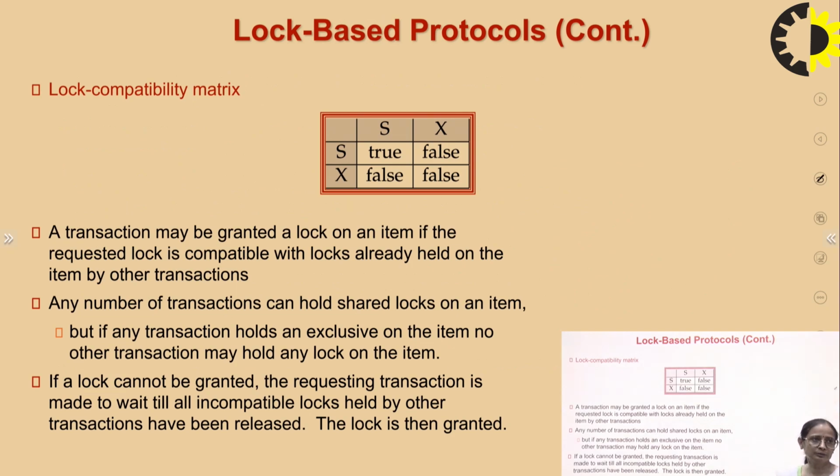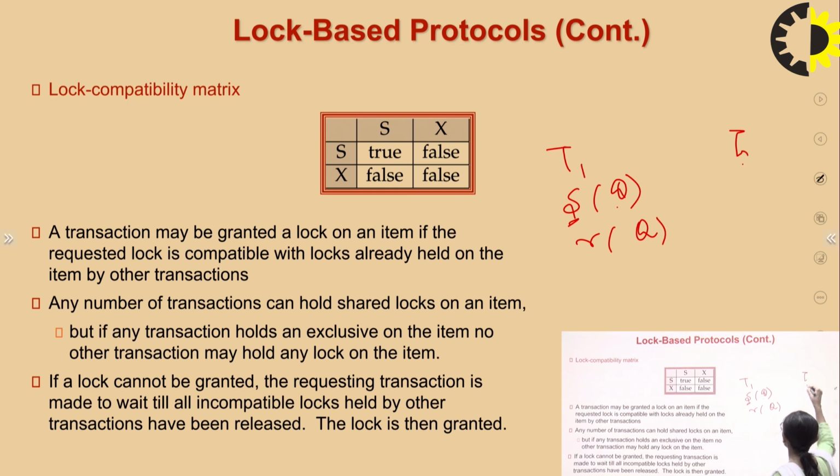Since we have two modes of locks, we have a lock compatibility matrix. Why do we need it? For example, T1 has obtained the lock on Q in S mode, so it can read.